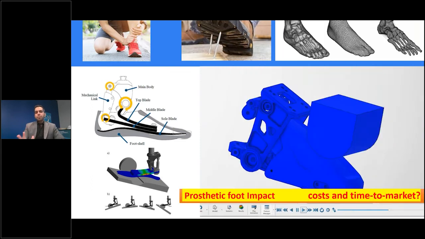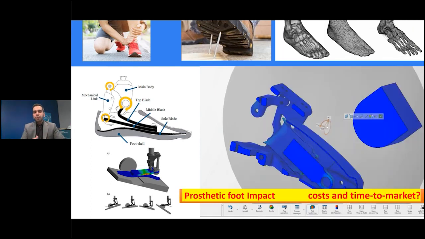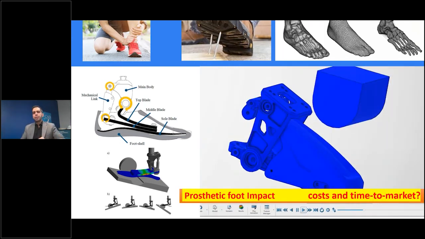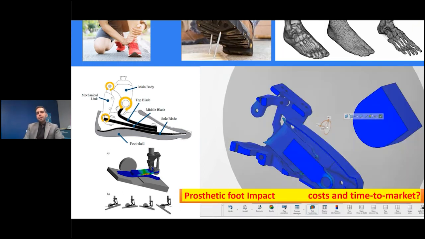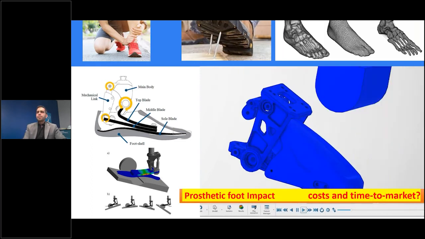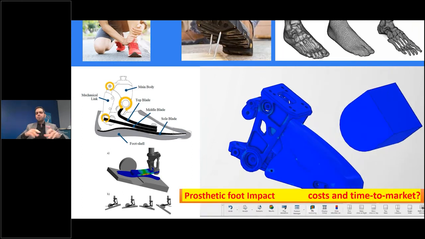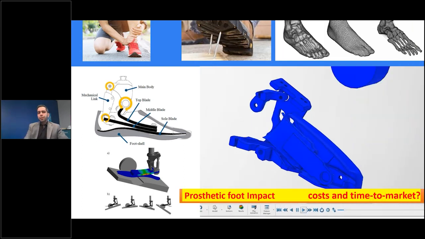Aside from traditional simulations like static and modal and all of that, one of the very important aspects of simulations for products is drop test impact, because we want to make sure that if we are designing, let's say, a prosthetic foot, then it is working during impact. But let's say I ignore impact analysis and impact calculations, and I just do the design. Sometimes electronics are involved, sometimes the look of the product is involved.